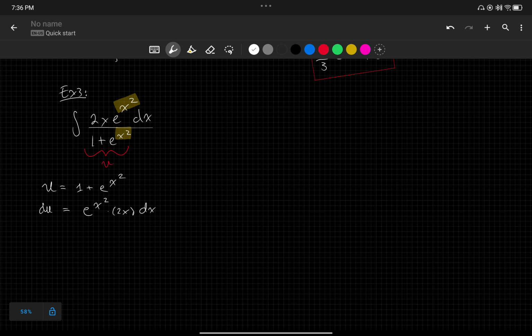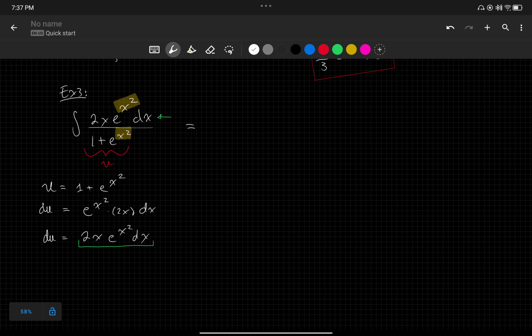Well, that looks pretty nice already, because if you look at it, it kind of matches the numerator over here. Let's just rearrange it so it looks exactly like it. So now it's exactly the same thing. All of this is all of that.